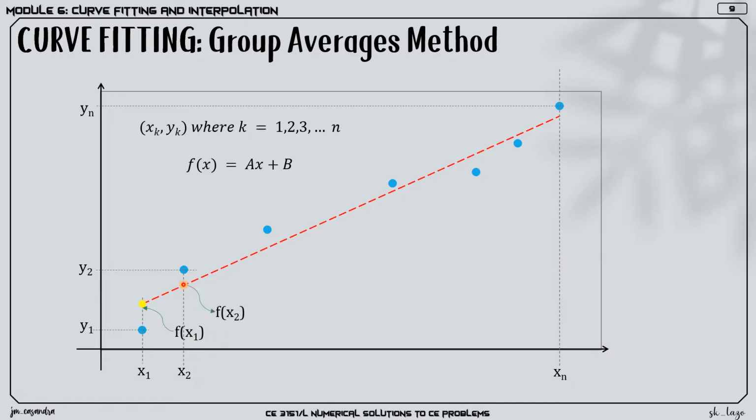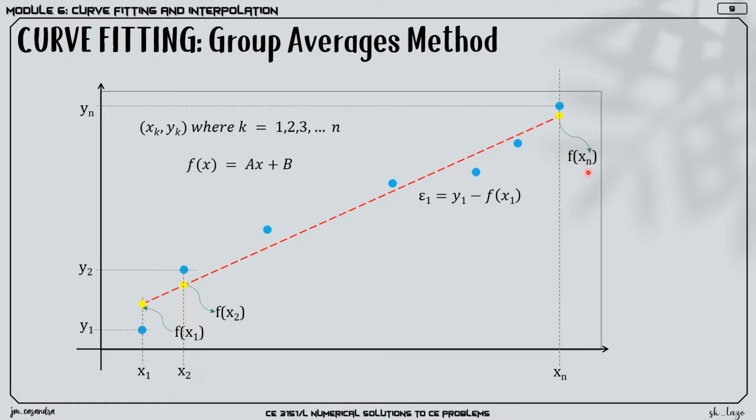Same, the point that intersects our line at x2 is f of x sub 2, until the point intersecting xn is f of x sub n.